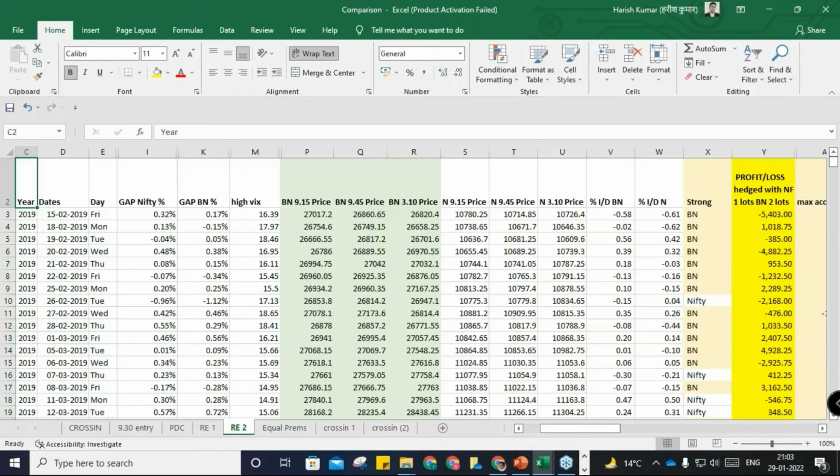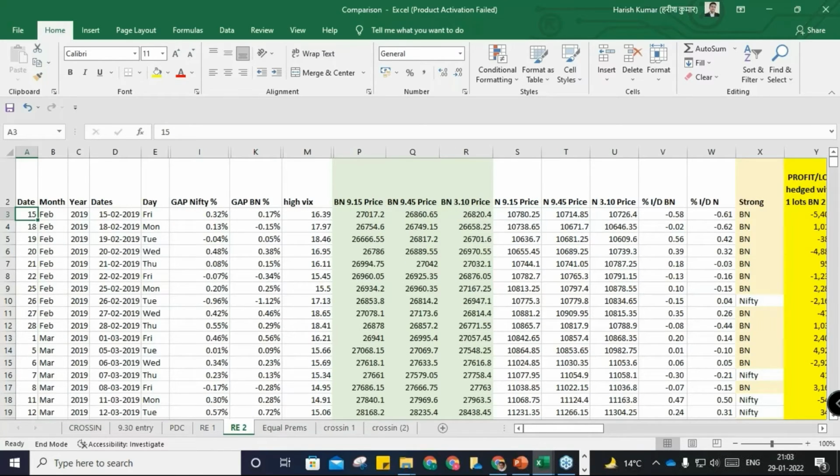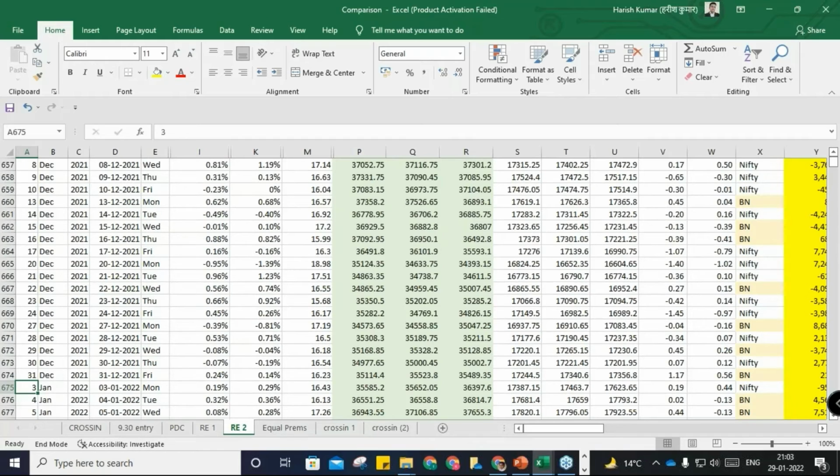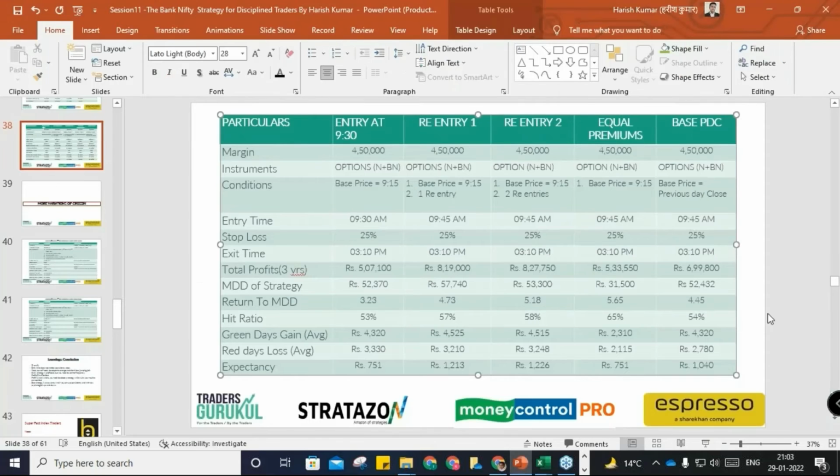So I have copied another sheet from my existing folder. But this is the main data: when I take the re-entry once, it increases the profit by around 18,000, and when I take two re-entries, it gives me an extra profit of around 27,000.